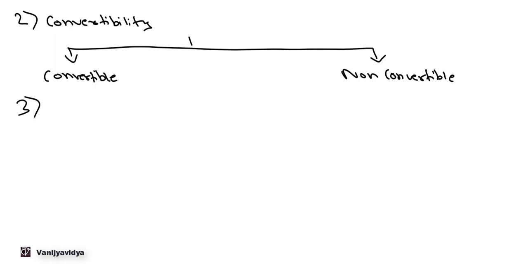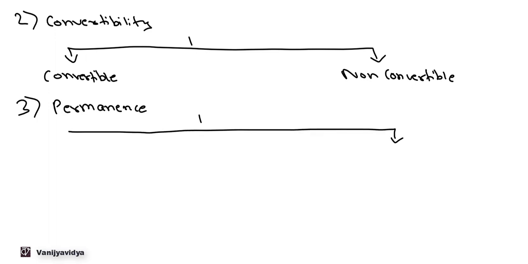Third is permanence. On the basis of permanence, it is divided into two types: redeemable debentures and irredeemable or non-redeemable debentures.